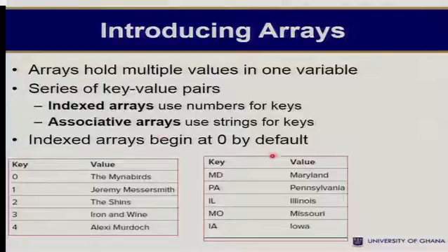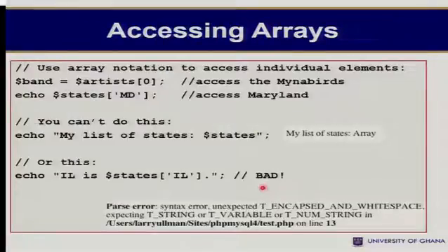For the associative array, you also have text here and you have text there. So the difference is this one. Here the key is text and here the key is numbers, right? And then we'll see how these particular arrays are used. So let's look at this sample code.